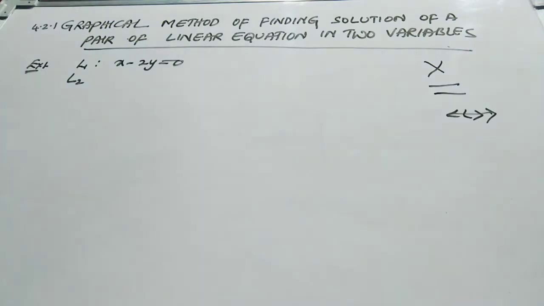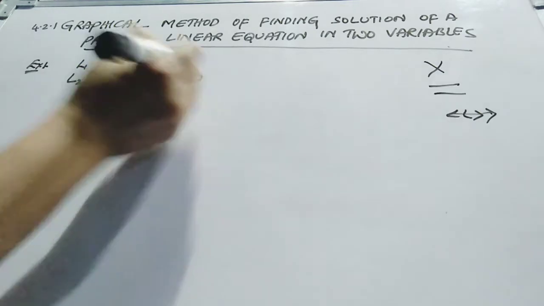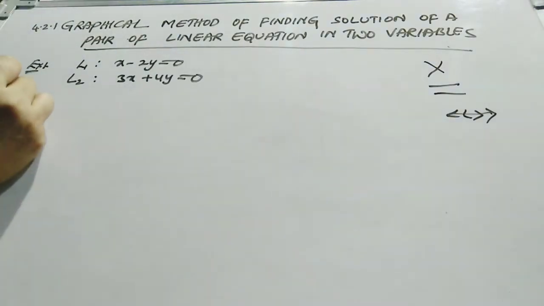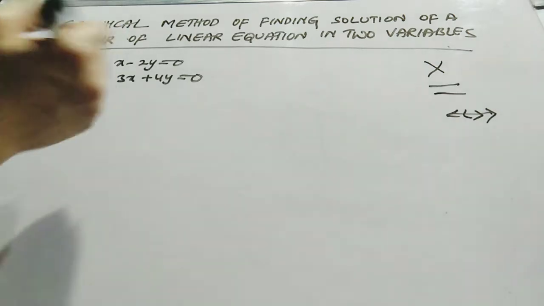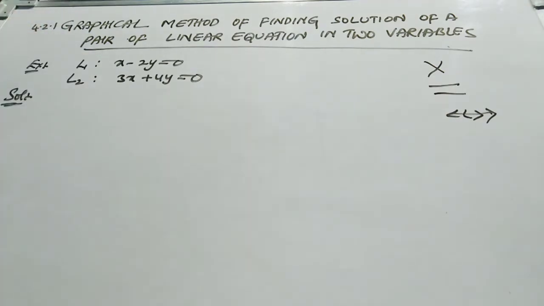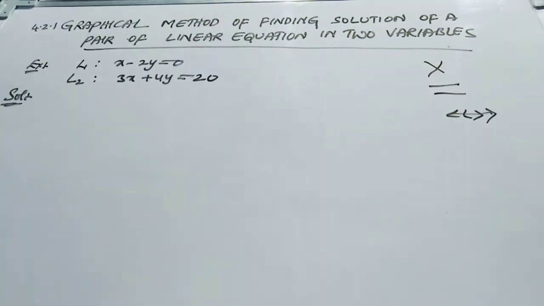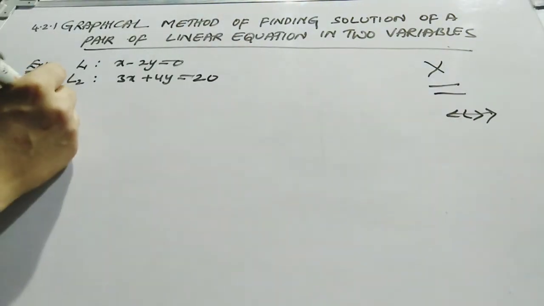L2, linear equation 2 or line 2, is 3x plus 4y is equal to 20. Let's solve L1 first.